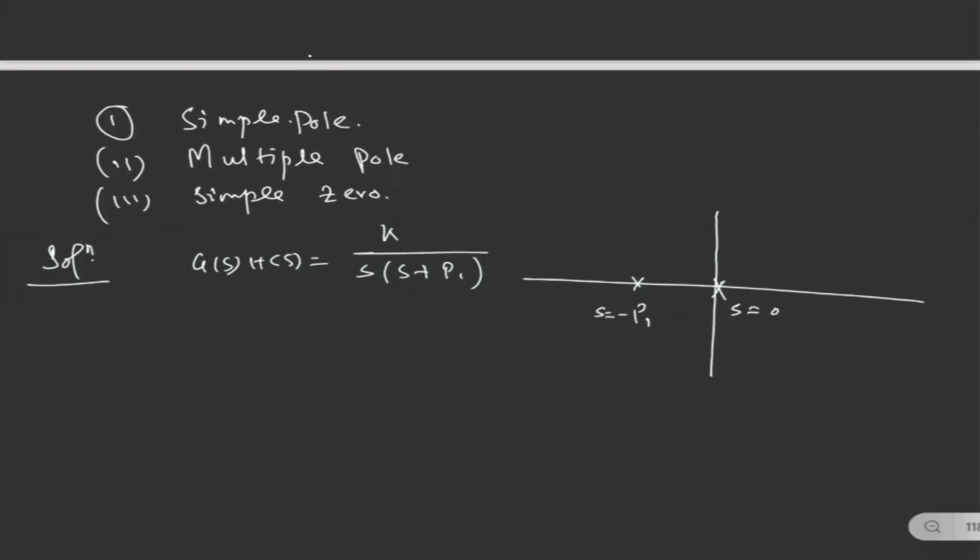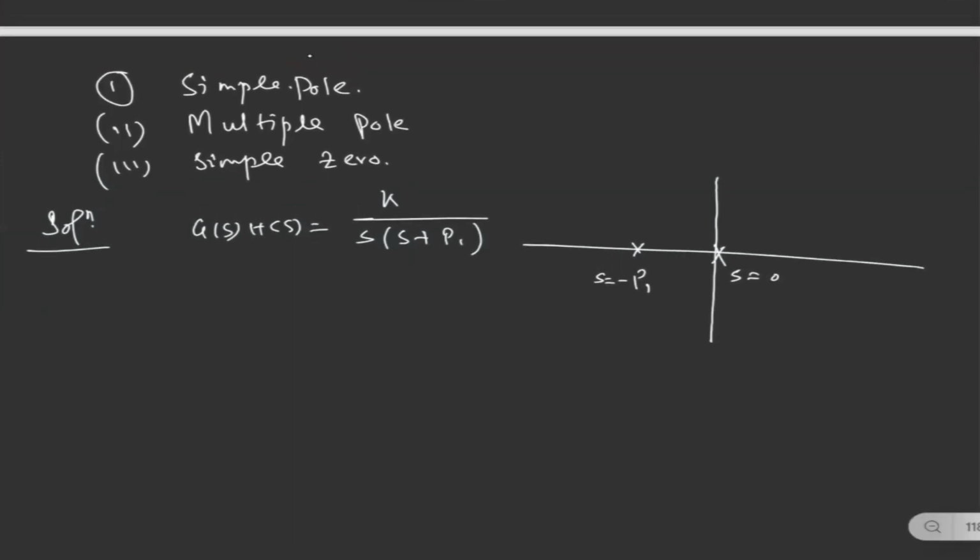There should be a breakaway point somewhere between them. That is quite obvious from the previous lectures. Once the breakaway happens, the locus will go to infinity since there is no zero in the system.